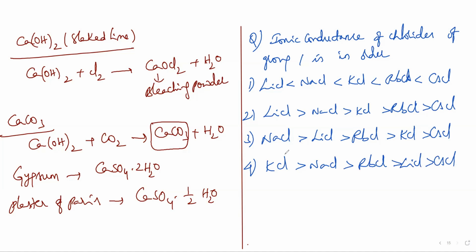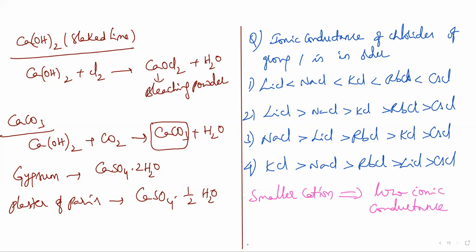So the relationship you should remember here, I'm giving you a shortcut method to identify the answer: smaller cation leads to low ionic conductance. Means smaller the cation, lesser will be its ionic conductance.